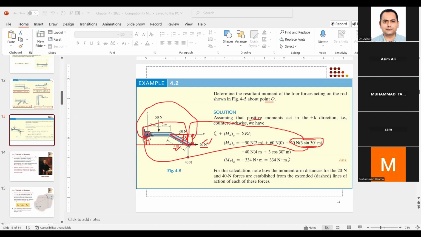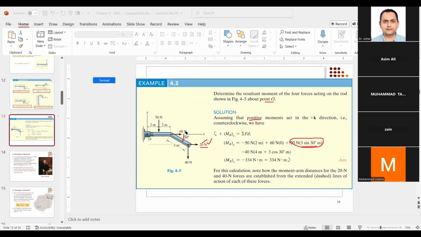So you see that you have to do some working before you can actually find the moment produced by a force. Now we have to see whether it is clockwise or counterclockwise. Very simple. Look, this is the line of action of the force, this is the perpendicular distance, and the direction of the force is like this.